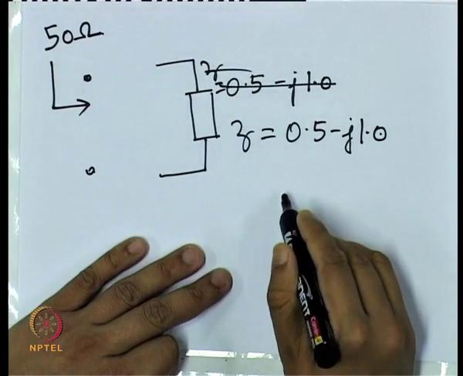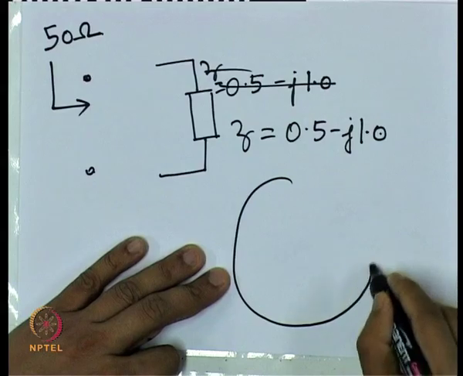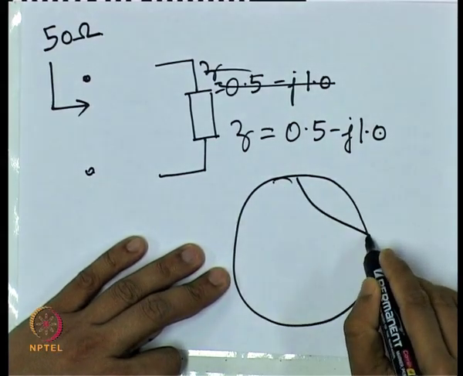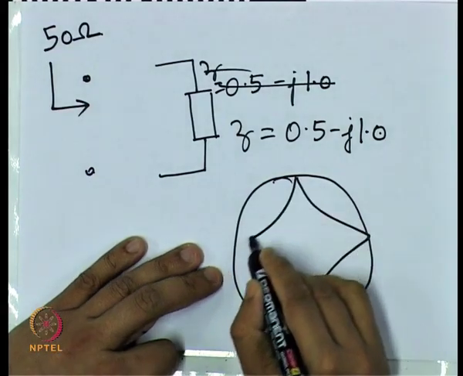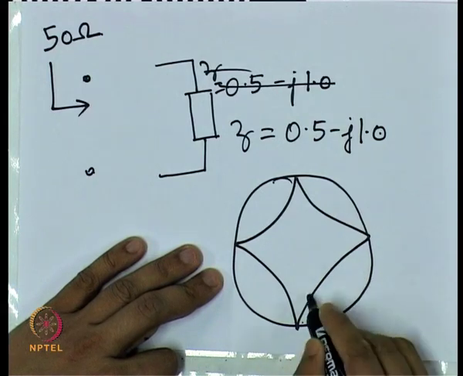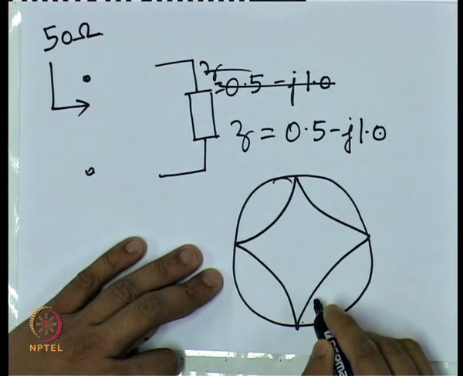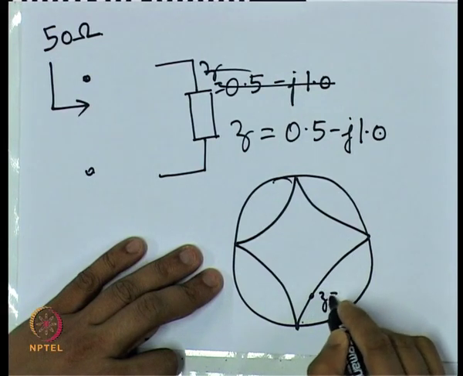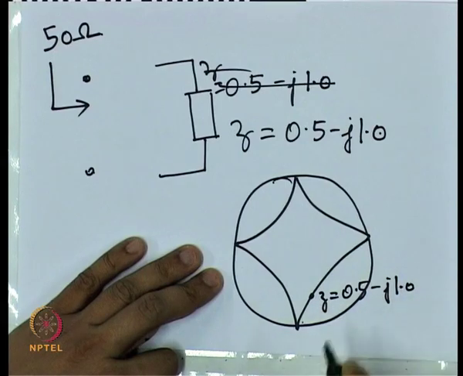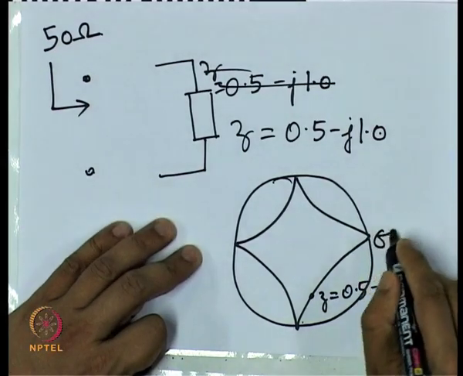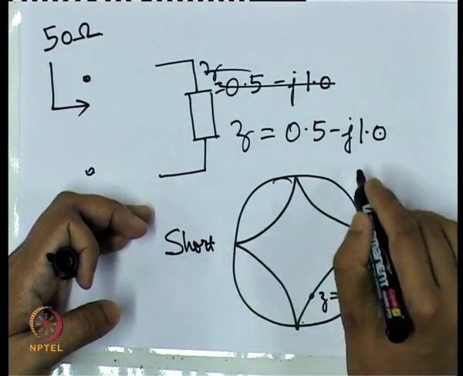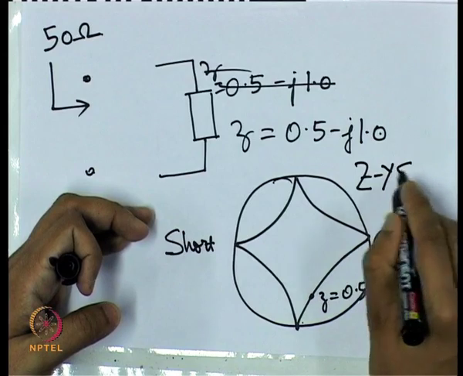Now, to do this, let us consider our Smith chart. Our Z equal to 0.5 minus j 1.0 is somewhere here on this ZY Smith chart. This is of course open, this is short, this is a ZY Smith chart.